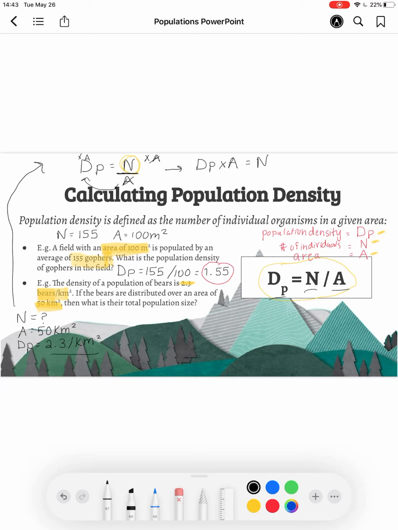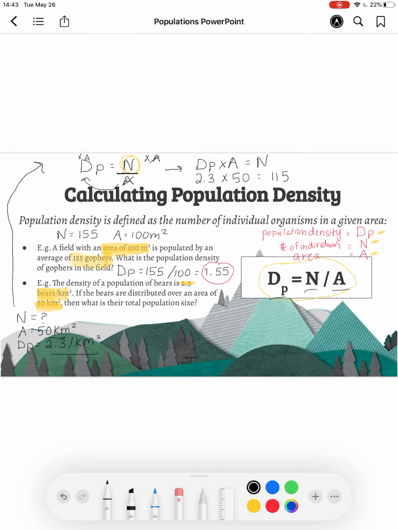Remember back over here, it's 2.3. So I'm going to put that right underneath the dP, multiplied by the A, which we found out to be 50. So if I do that in my calculator, 2.3 times 50 will give us 115.